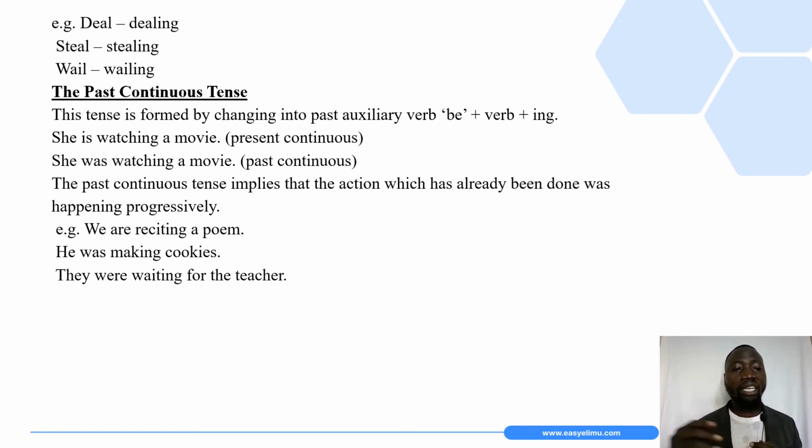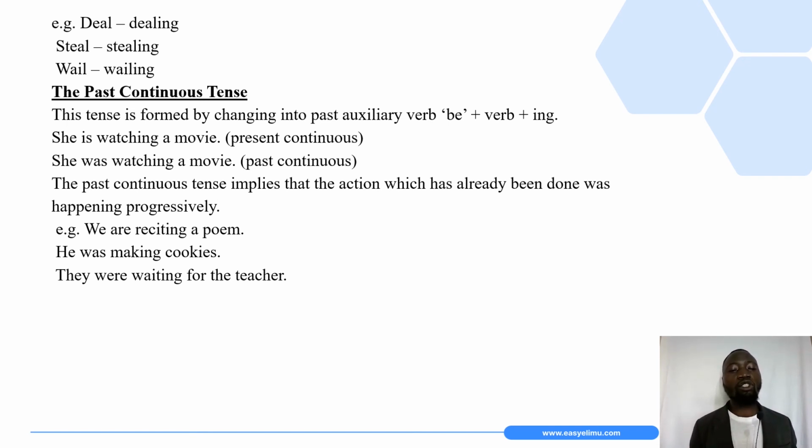Now on to the next, we have the past continuous tense. So this tense is formed by changing into past the auxiliary verb be, plus verb plus -ing form. For example, if we say she is watching a movie, that is in present continuous.